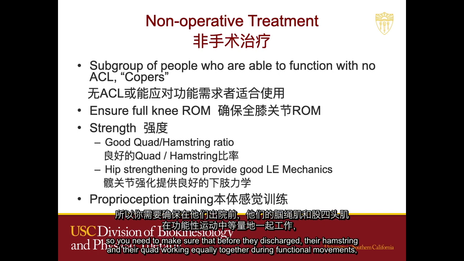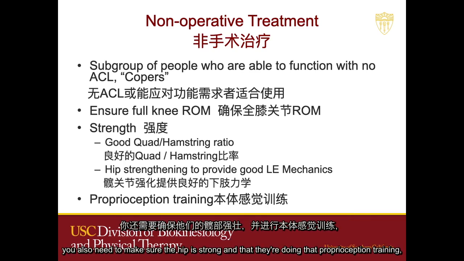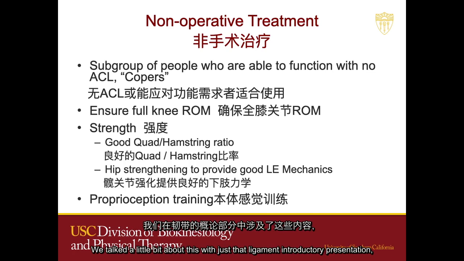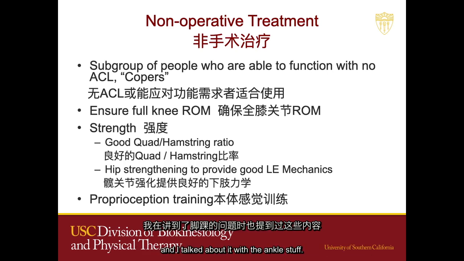So you need to make sure that before they discharge, their hamstring and their quad are working equally together during functional movements. You also need to make sure the hip is strong and that they're doing that proprioceptive training, so neuromuscular re-education training. We talked a little bit about this with just that ligament introductory presentation, and I talked about it with the ankle stuff.